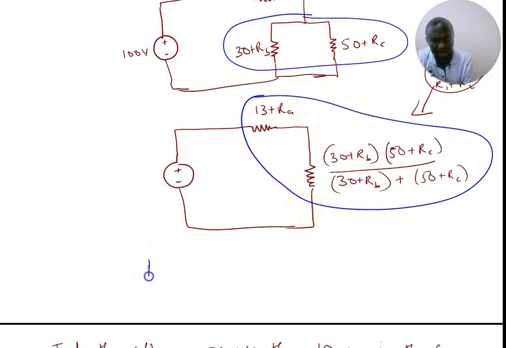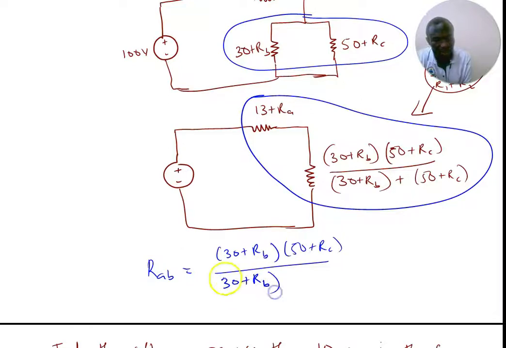That is the RAB, which the question is asking us to find, and it can be equal to 30 plus RB multiplied by 50 plus RC, all over 30 plus RB plus 50 plus RC, all plus, we are in series, so 13 plus RA.